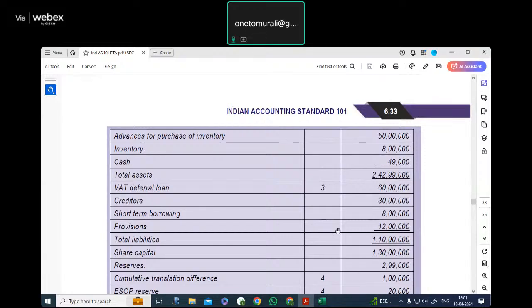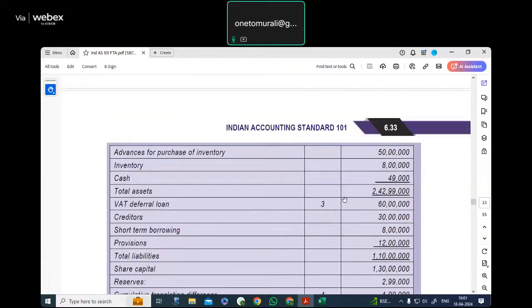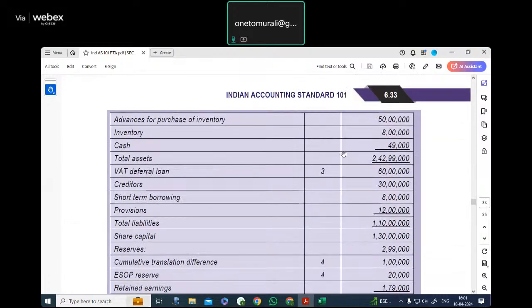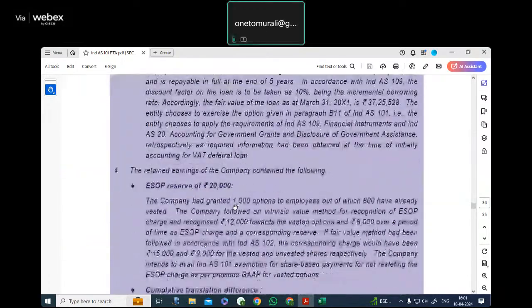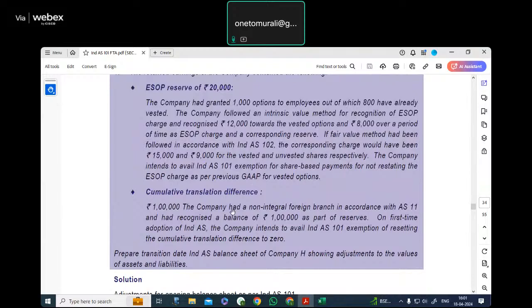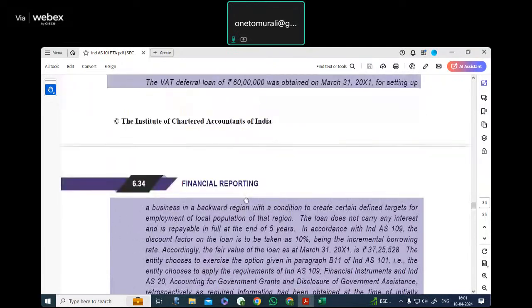So they were having some item of, see, let me just check. Exchange difference of 1,000, 100 lakhs were capitalized to depreciable property, plant and equipment, on which accumulated depreciation of 40,000 was recognized. So exchange difference was capitalized would mean, so let us just go through item number 4. See, that has got nothing to do with this.